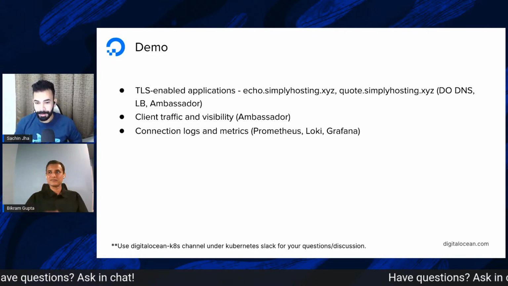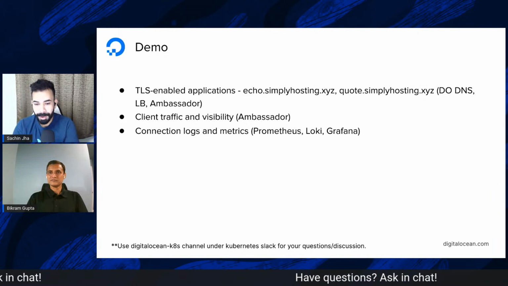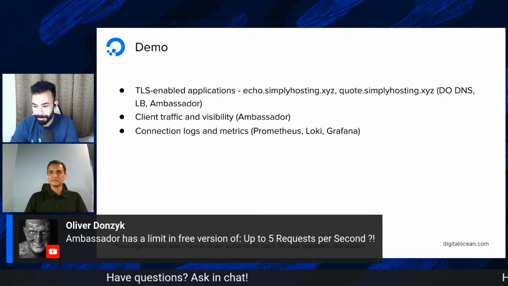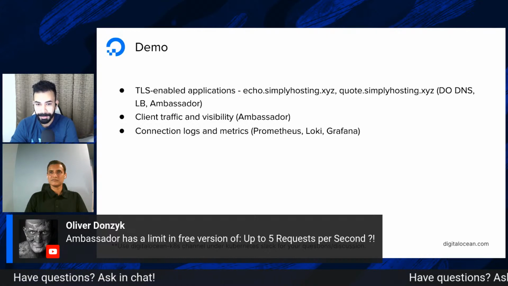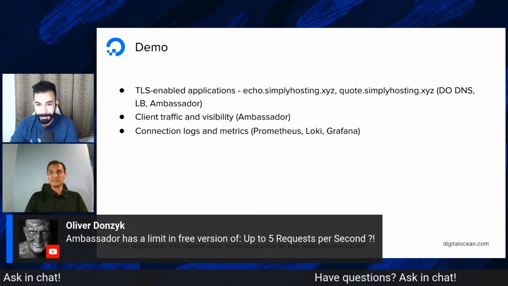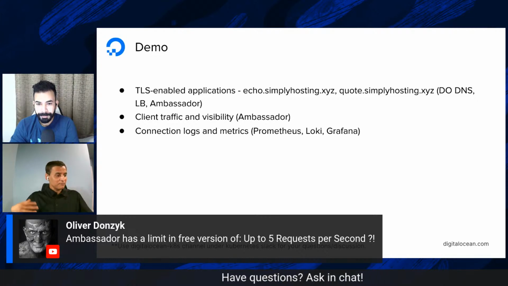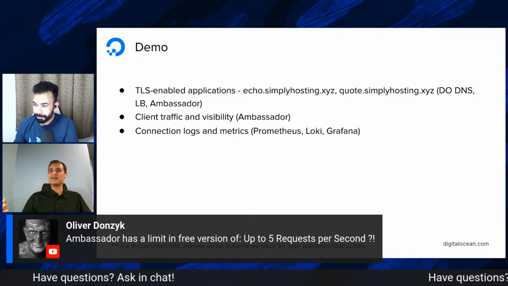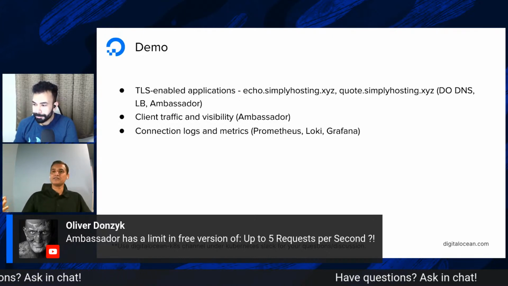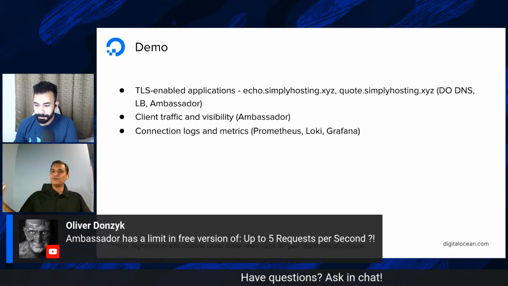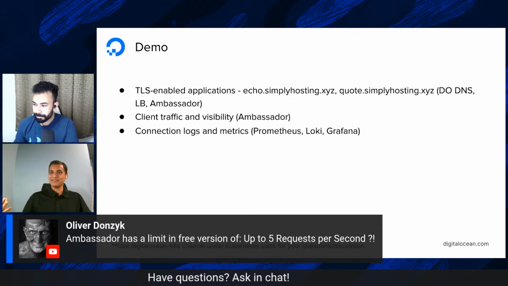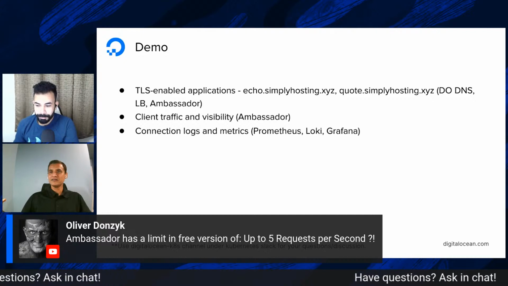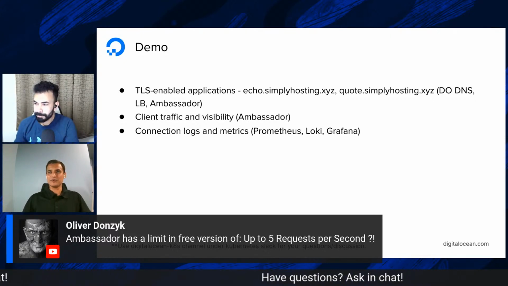Yep, that's good. And then we had one more question around Ambassador: right now the free plan has a limit of 5 requests per second, right? It's not. It's actually a 5 requests limit for some of the paid features. Let's say you are exposing your services and you want end users to authenticate using OAuth, single sign-on with Google or Facebook.